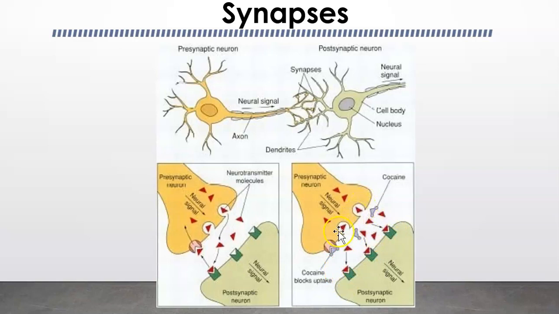Some will stop the neurotransmitters from leaving the presynaptic cell. What cocaine does, if you're interested, is it blocks the neurotransmitters from going back into the presynaptic cell. And so that's kind of like it blocks the cleanup. Because once you send the signal, these neurotransmitters get pulled back into the presynaptic cell for recycling.